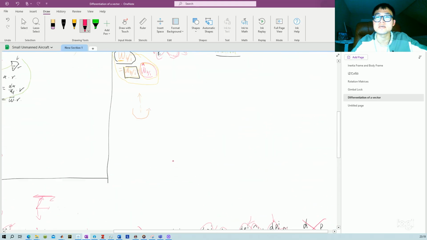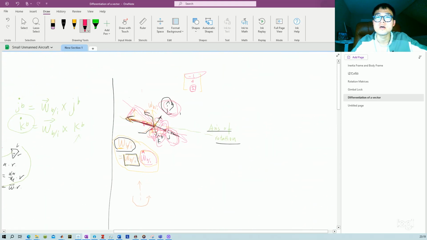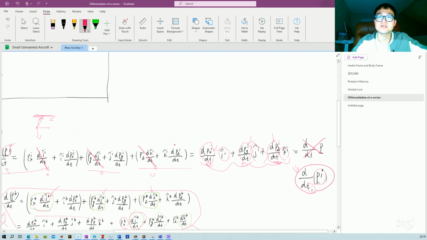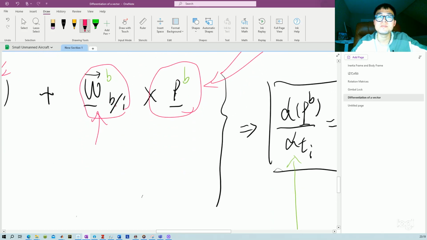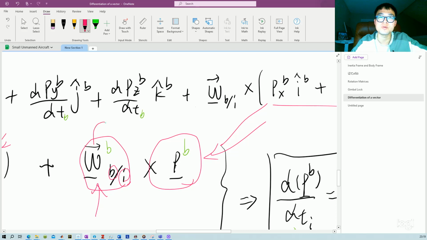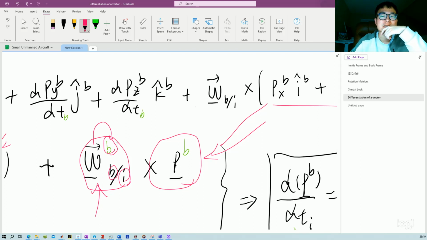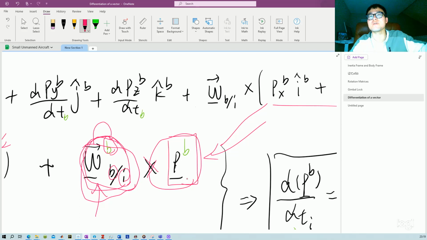At the beginning of this video we talked about how the rotation can be expressed in a vector format, and this vector is the frame B rotating against frame I. Because that's a vector we actually project it onto the frame B. That's what this notation says, and we use that vector and then cross product with the arbitrary vector P, or the vector of interest.